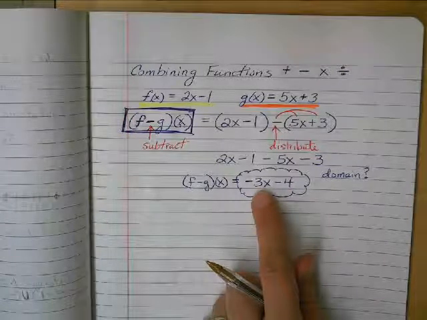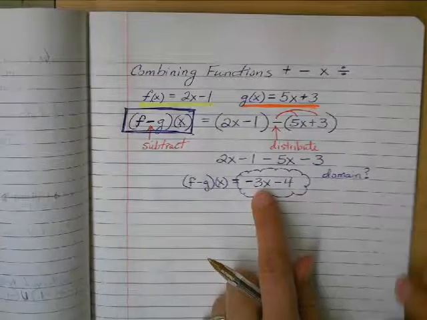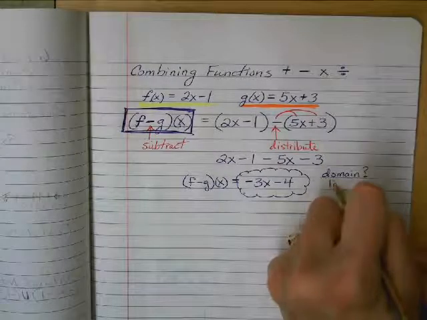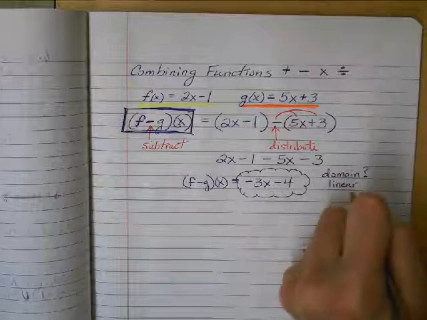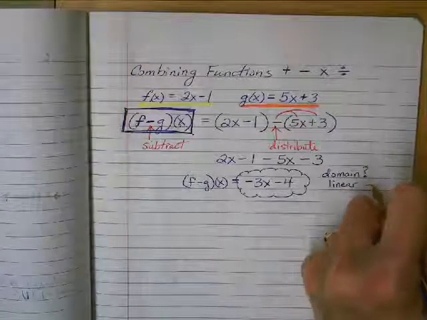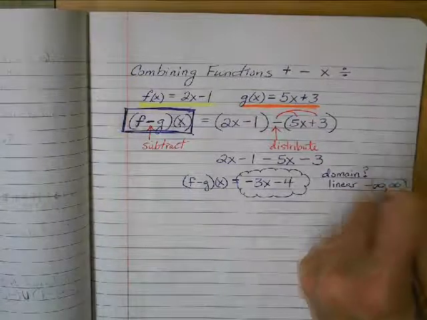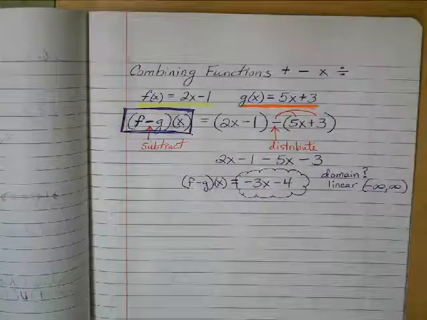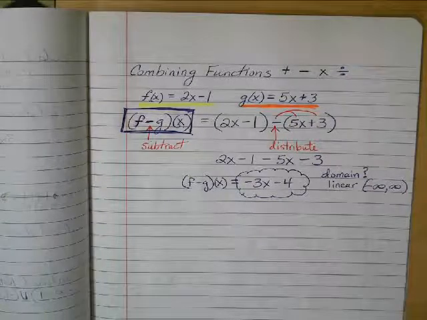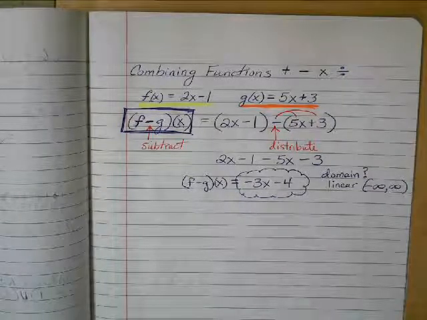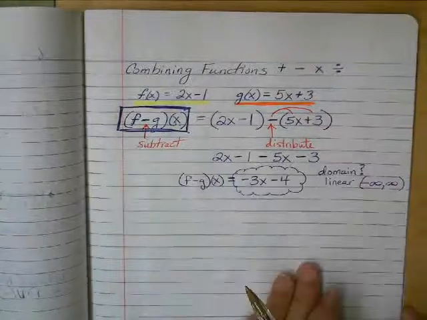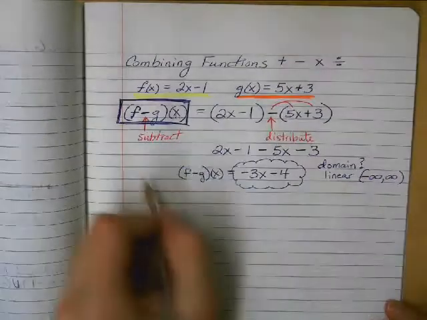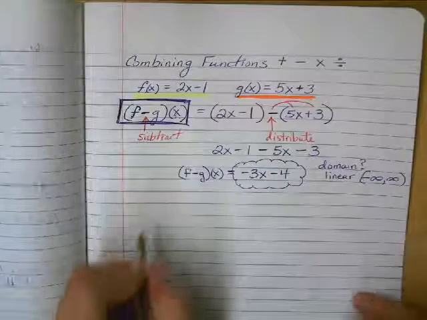Is it one of those parabolas, or what is it? Yeah, it's linear. So the domain is negative infinity to infinity. The domain and the range of linear graphs is negative infinity to infinity. So you just kind of have to know that. Okay, so this one was subtract, f minus g of x.